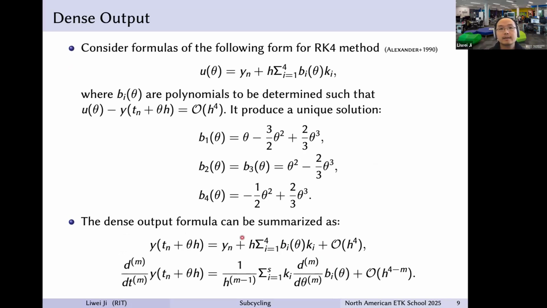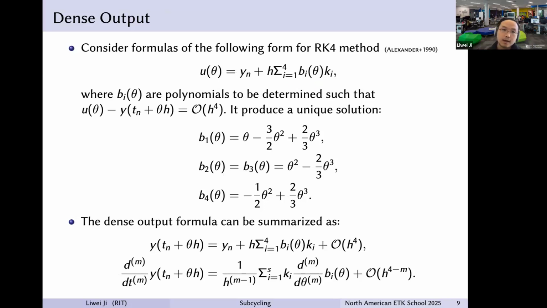What this says is basically that if you already take a complete RK4 step, with the intermediate stage K's, then you can construct a polynomial, where theta will be 0 to 1, which will parameterize the distance between the initial yn and the yn plus 1.